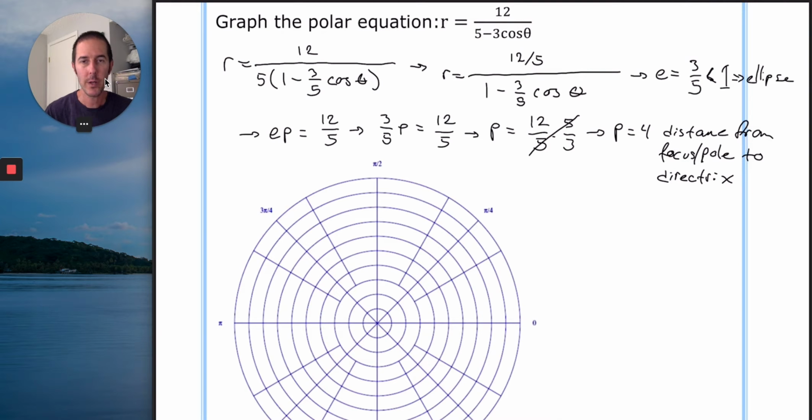Let's talk about the orientation of our ellipse. Maybe a good way to do that would be to come back up right next to the original equation and put a couple of little notes there. Maybe -3 cosine theta, maybe not implies.